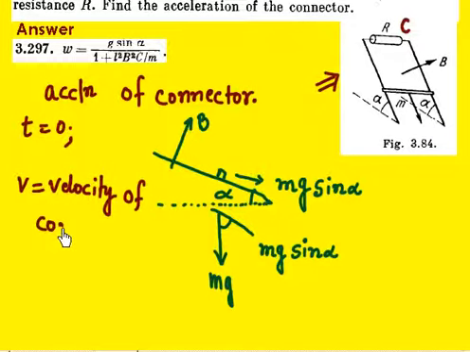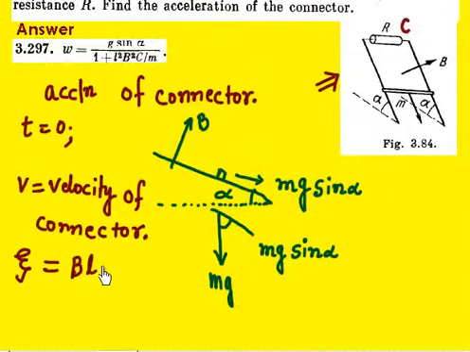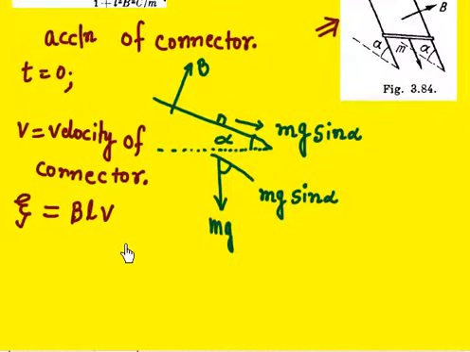If I know the velocity of the connector, I can write the induced EMF. So the induced EMF is BLV. The length of the connector is L, that is given to you.